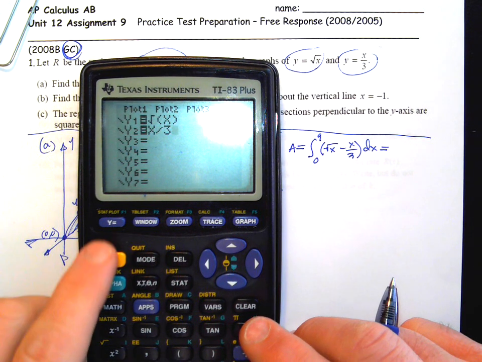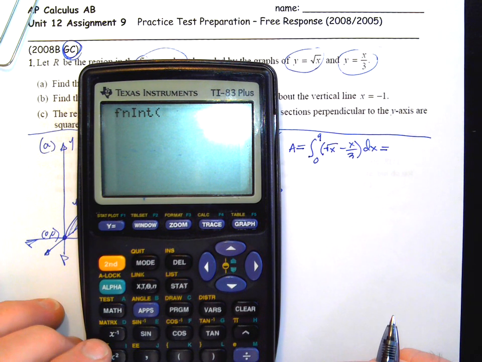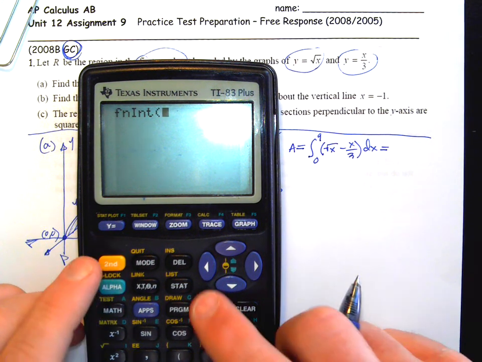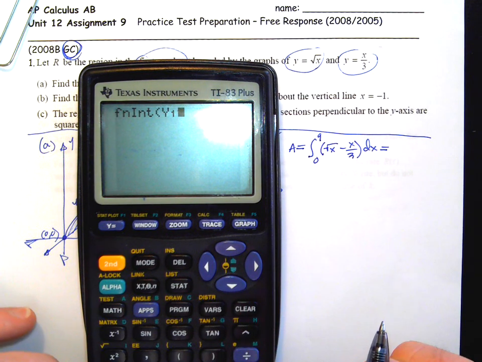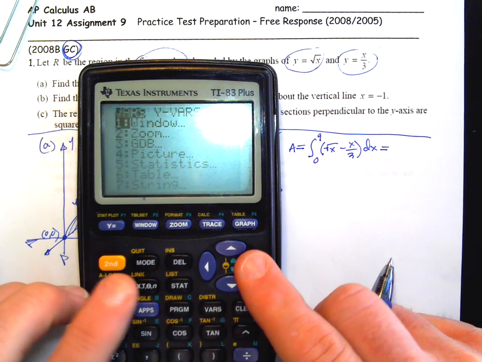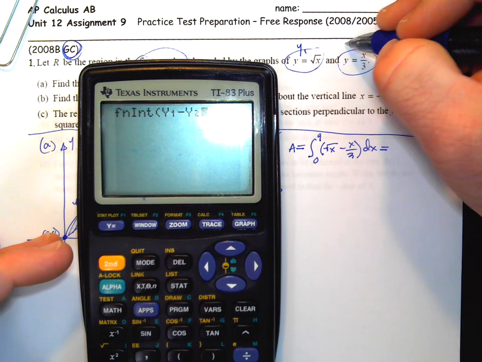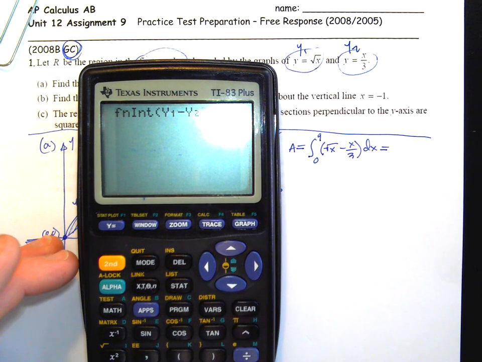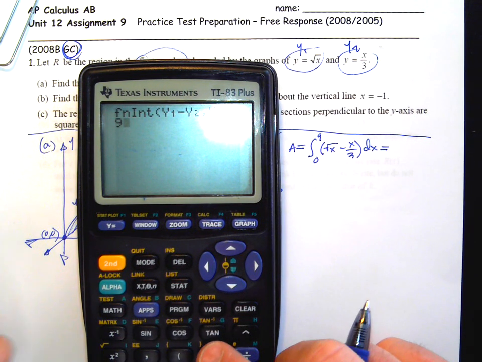They're not that complicated, so I don't know how much time that'll save us. But go math 9. You could do vars, y vars, function y1 minus vars, y vars, function y2. Make sure you remember where you put them. Maybe write a little note to remember it. Comma x, comma 0, comma 9.